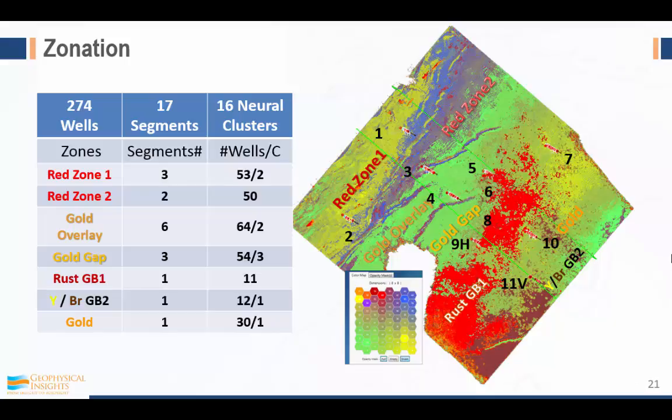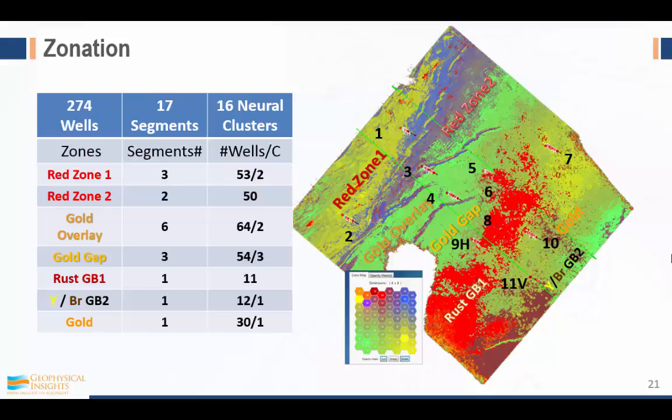Only one segment came out rust geobody 1. And a segment here is a group of the wells. So these numbers of wells add up to that 274, for which I have the tabular data, petrophysical and geological parameters that were put into a SOM and sectored out these wells in the same way I had done visually on the color.